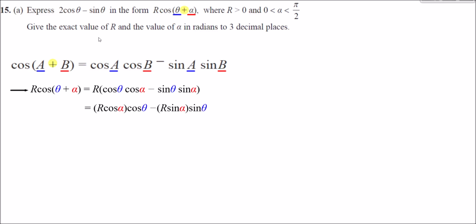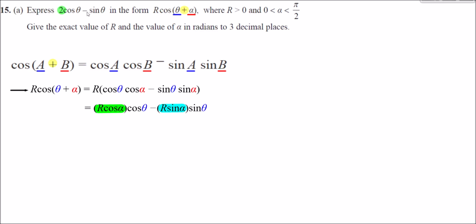Now, in terms of cos theta, I've got r cos alpha lots of cos theta. But in terms of what I actually need, I have two lots of cos theta. So for it to equate properly, r cos alpha must be worth 2. In the same way, the component of sin theta is minus r sin alpha, so minus this bit of sin alpha must equal minus that bit of sin theta.